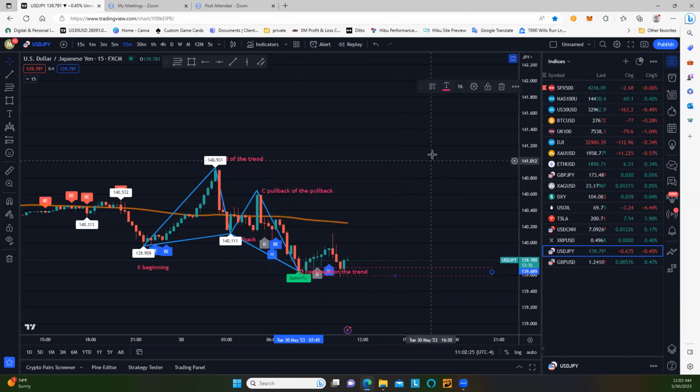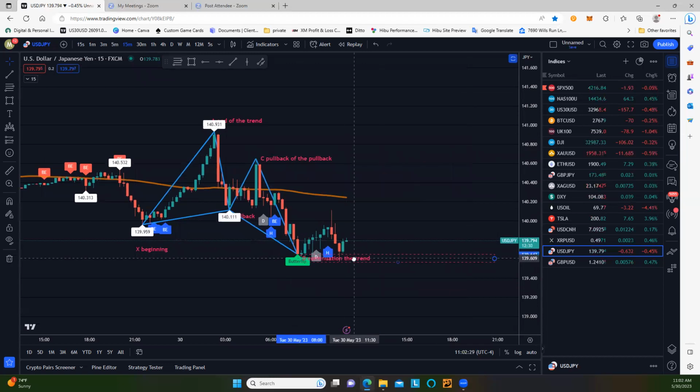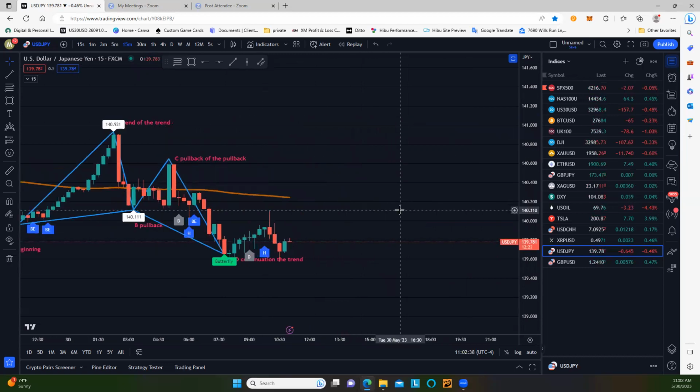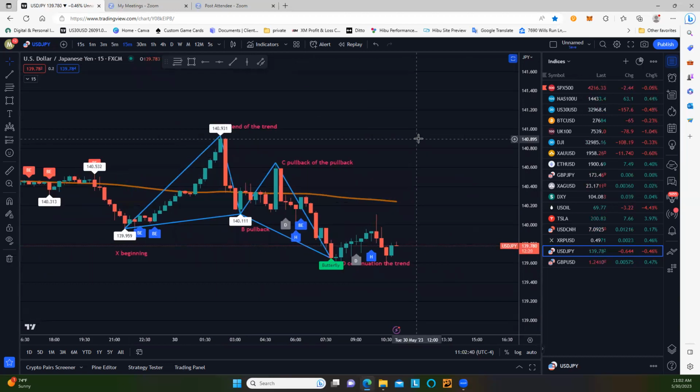Okay. And when you look at this, you're like, wow, how would I have known that? What I like to do is I actually like to program my indicators onto my chart so that I don't have to measure.